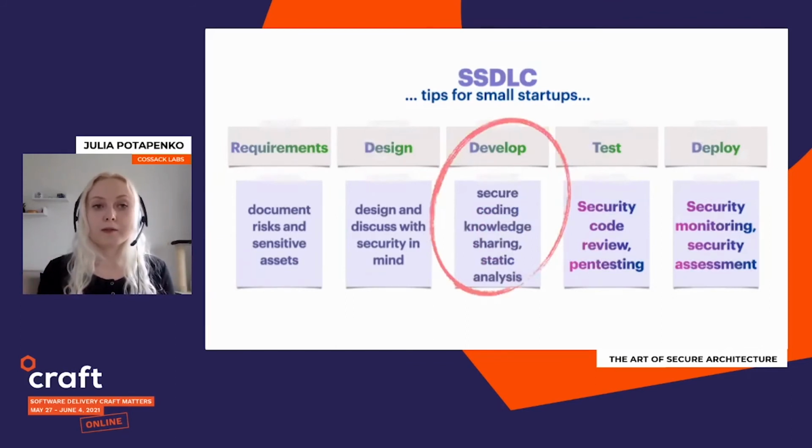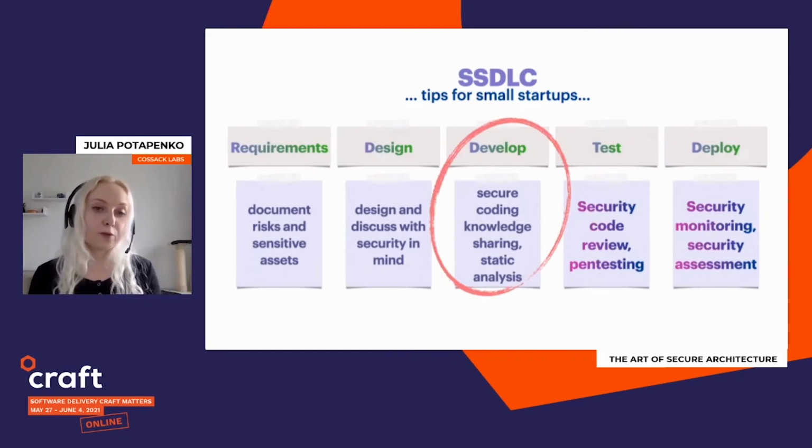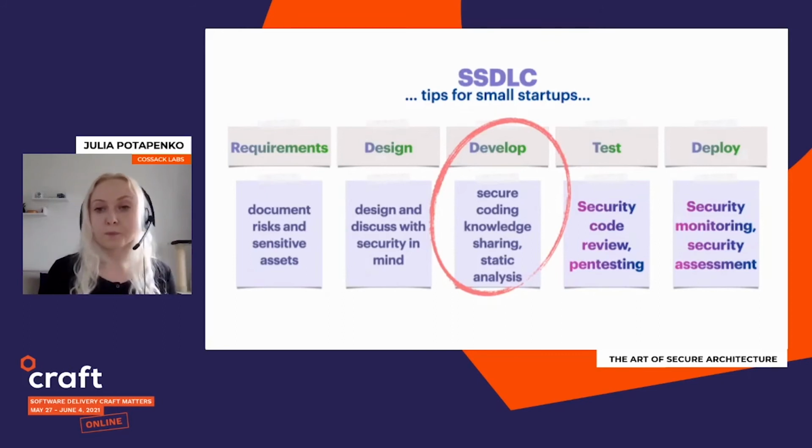Another thing that may be helpful here is adding some tools for static analysis. They are useful not only for security, but to write clean code in general, and well formatted, for example. Then, of course, you do not have a team of penetration testers in your small startup, right? And you don't want to hire an external team of security engineers to check your code.